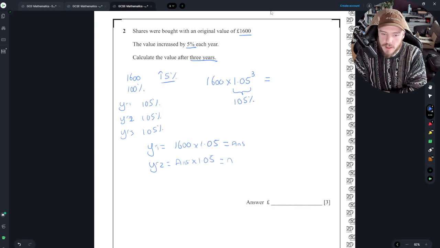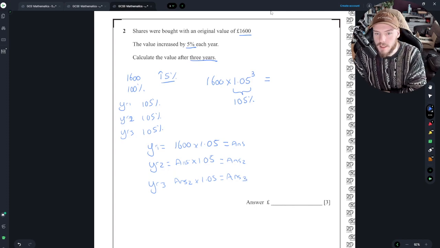I'll call this answer 2. Year 3 will be answer 2 multiplied by 1.05 again, and that will give us answer 3. Now you can see why I'm getting the cube: the only thing that stays constant is our multiplying by 1.05, or multiplying to increase by 5%.